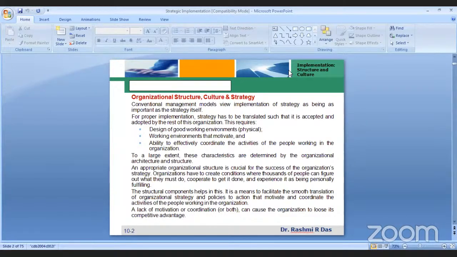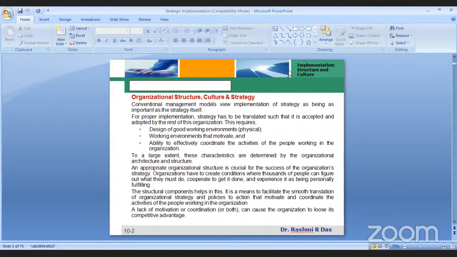If you are implementing a strategy, we will first talk about the implementation in the organizational structural way. We will look at structure implementation first. Structural implementation is followed by three basic points. First, you make a physical change so that the design of the working environment is changed physically.